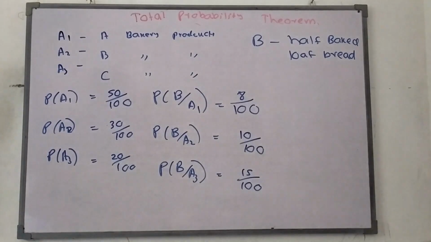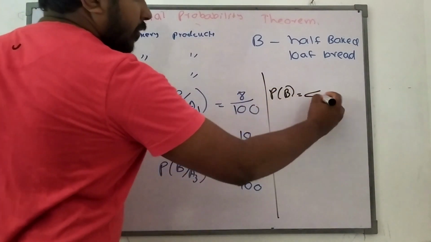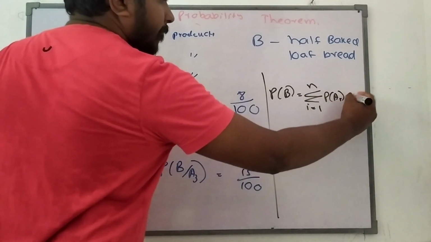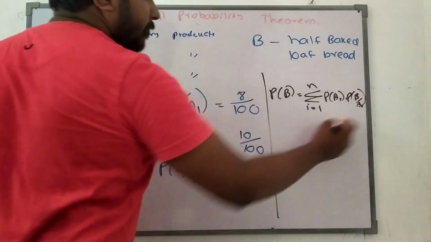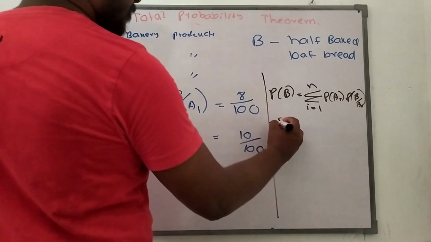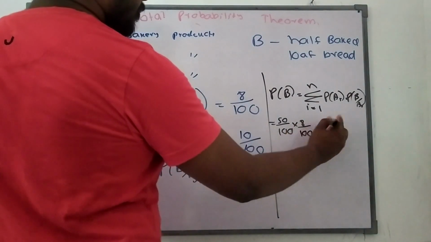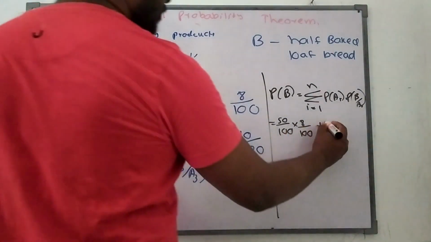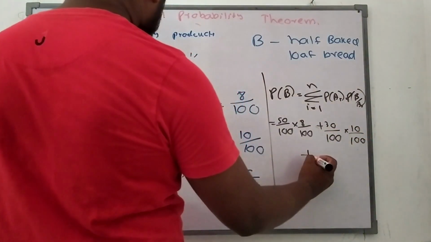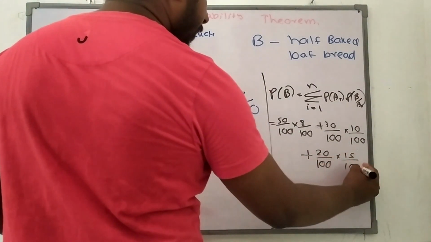So we need PB now again. So PB means sigma i goes from 1 to n, PAi, B over Ai. So that is 50% out of 100 times 8 out of 100, plus 30 out of 100 times 10 over 100, plus 20 out of 100 times 15 over 100.